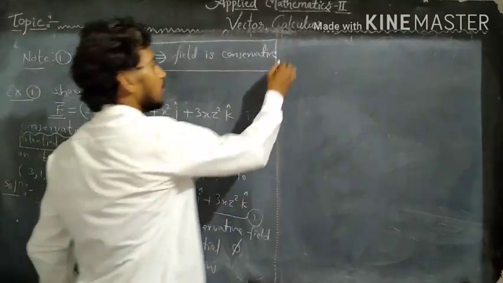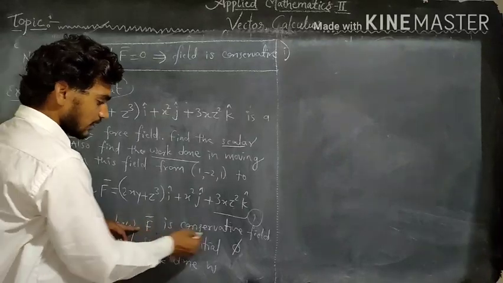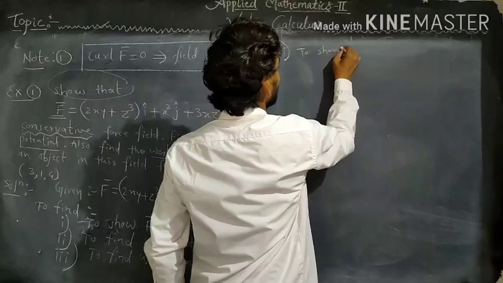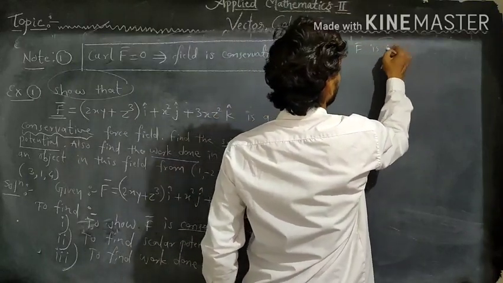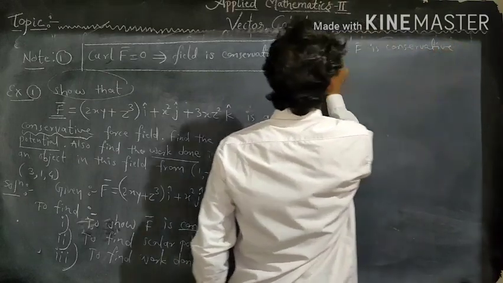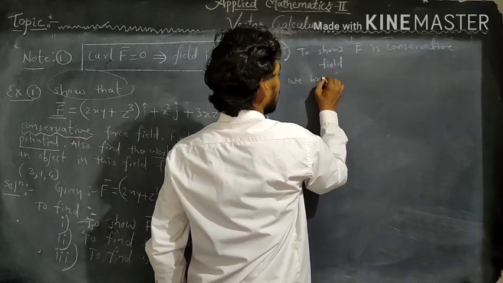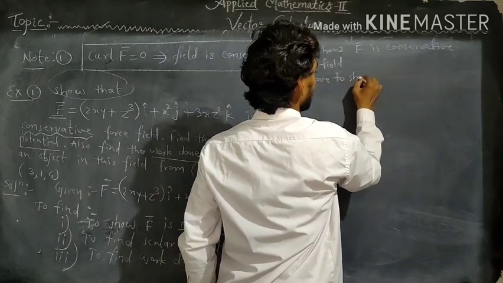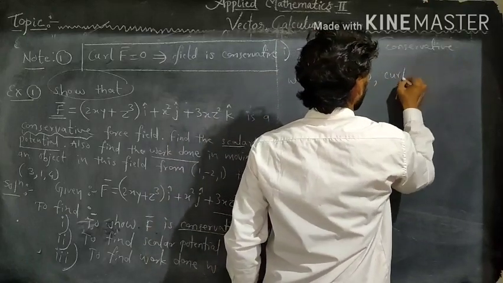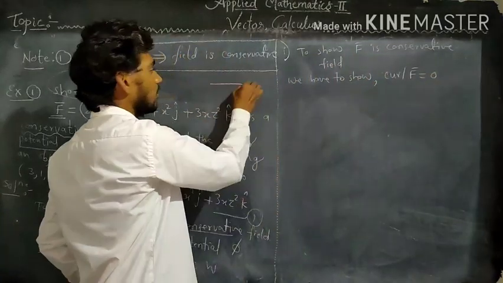So let's start the first case, that is to show f is a conservative field. We have to show that curl of vector f is 0 by using the note.